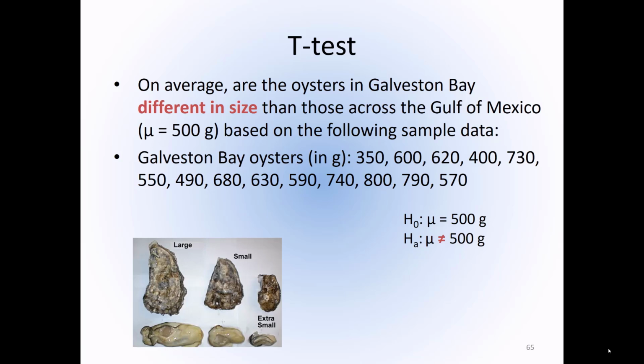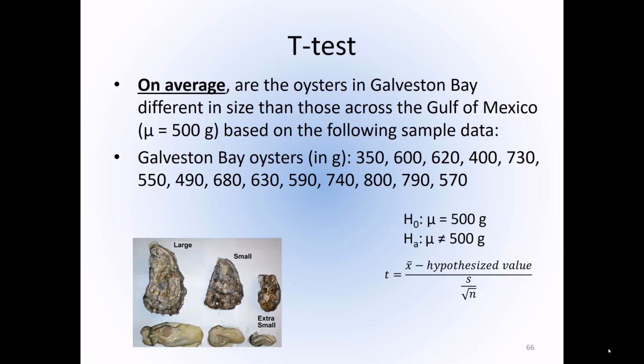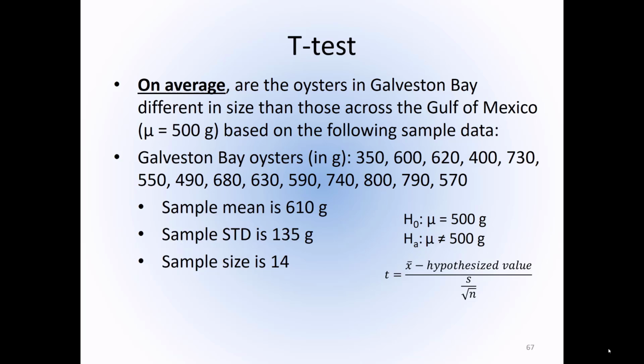And we know from the word problem, if we're interested in the average values, then we're using a t-test. So again, we're going to start using some of the context clues of the word problem to determine which test we should be using. So we've got our t-test here, we've got the formula for that. We can calculate the appropriate descriptive statistics for our data.